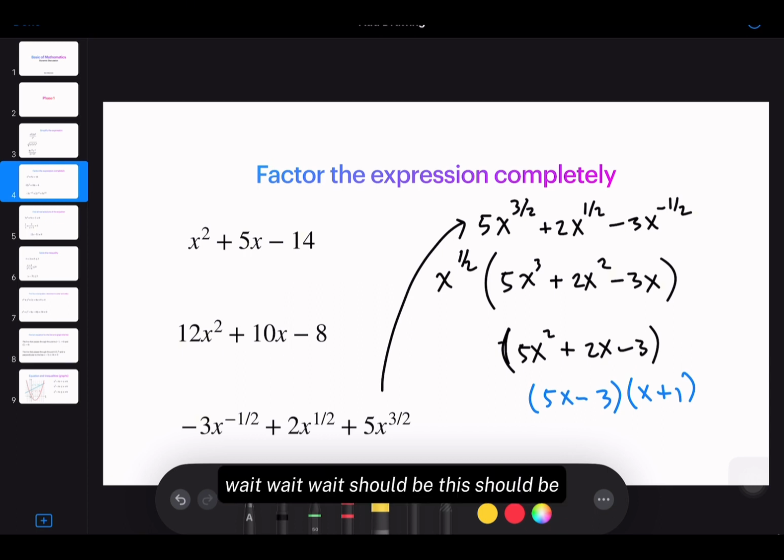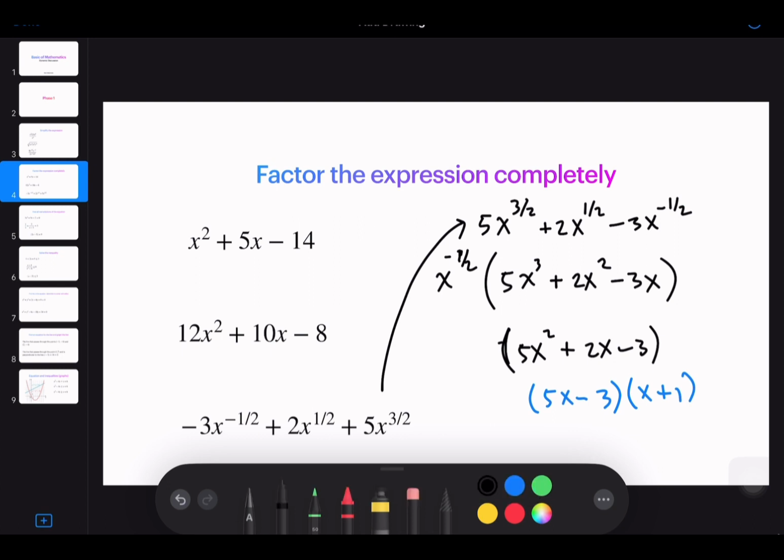Wait. Should be negative half, right? Negative half.